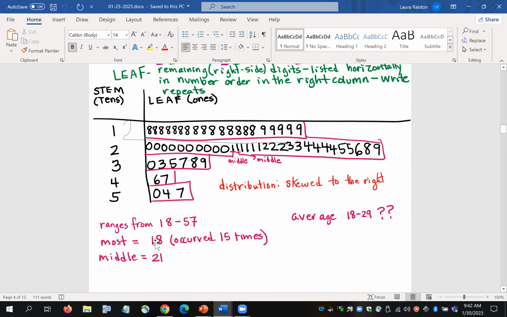We noted that the age that occurred the most was 18. The value in the middle was 21. And again, we feel like the average is probably somewhere in this 18 to 21 range. But we still haven't actually answered the question.